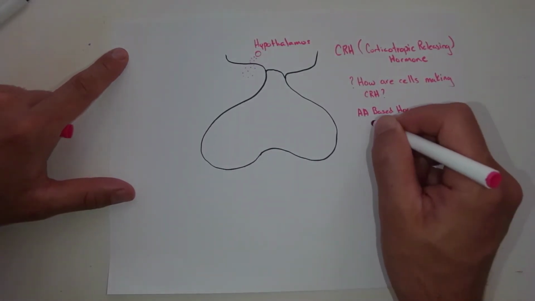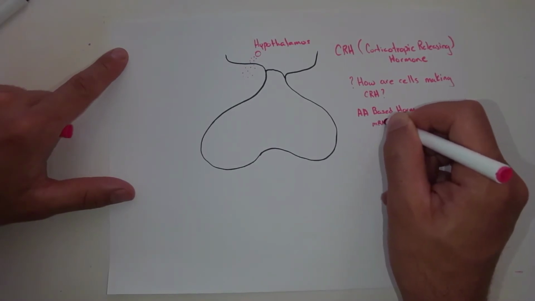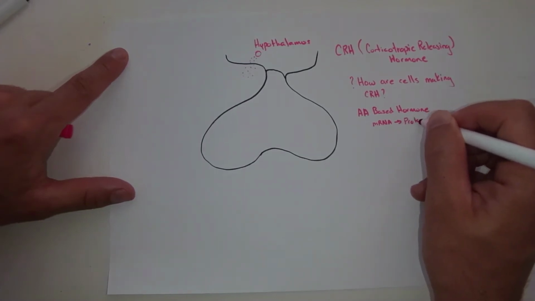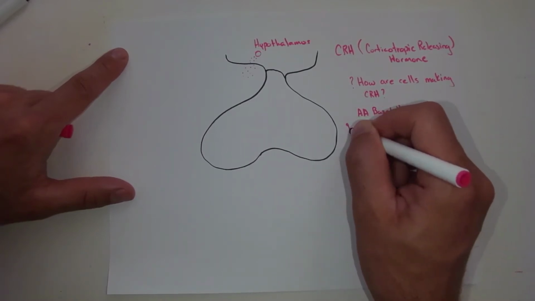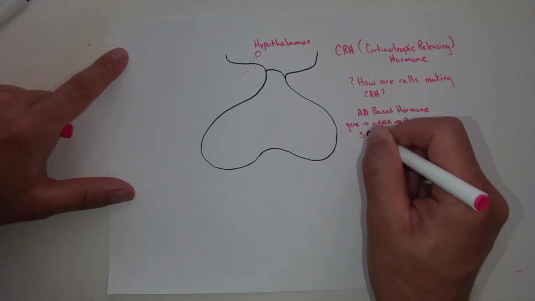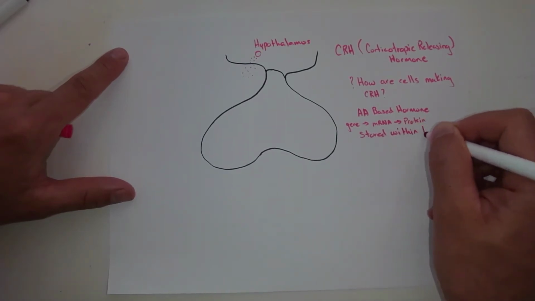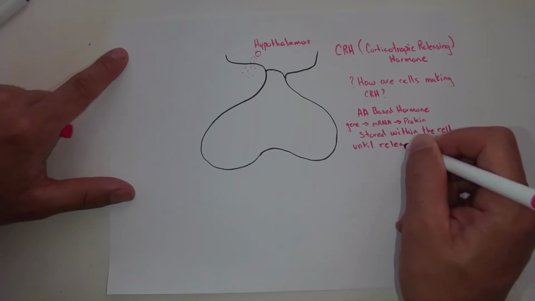So an amino acid based hormone follows the central dogma of biology. Messenger RNA to the protein, and then it's going to undergo some modification. We get that from a gene. That's how it's made. And it can be stored within the cell until it's signaled to be released.